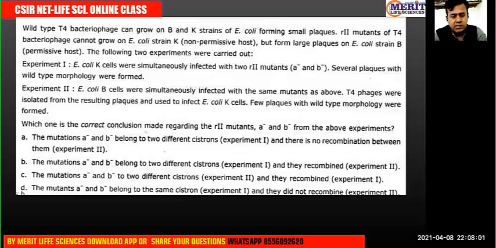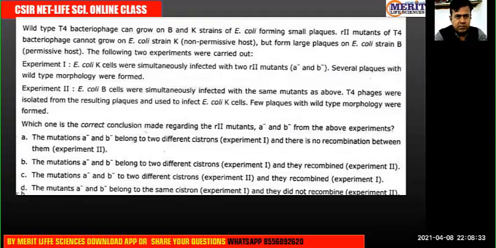They found that there may be a gene in the cis position, or a gene in the trans position, right? If the gene is in the trans position, they can form the recombinants. If the gene is in the cis position, they cannot form the recombinant. So in experiment 1 and experiment 2, you have to see whether this is cis or trans. If it is cis there will be no changes, and if it is trans, then there will be changes.